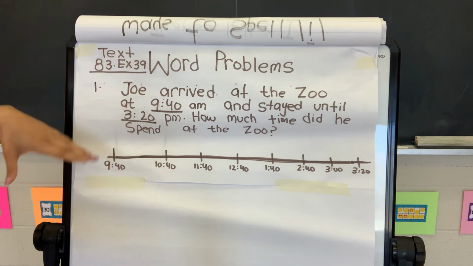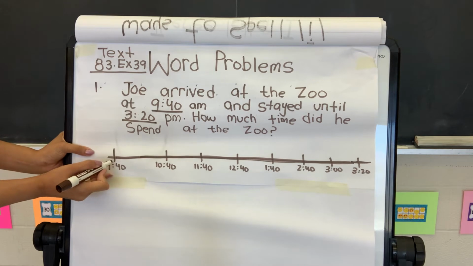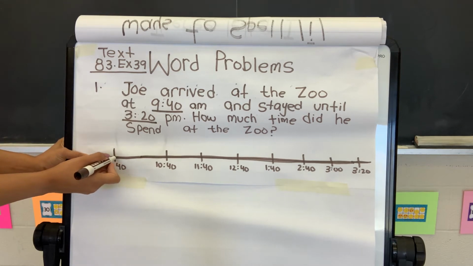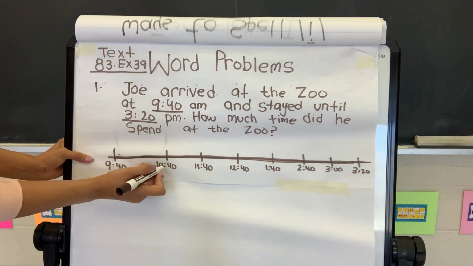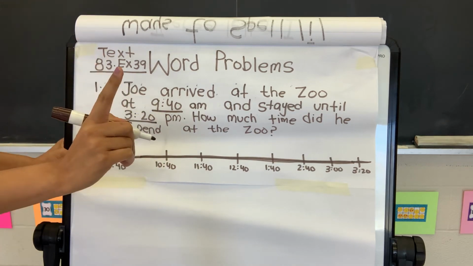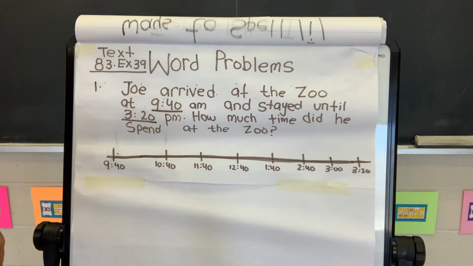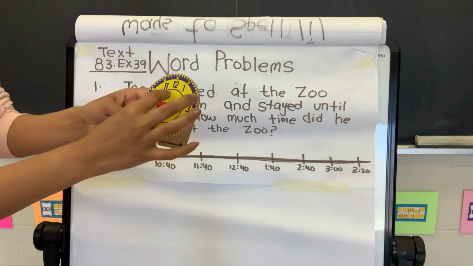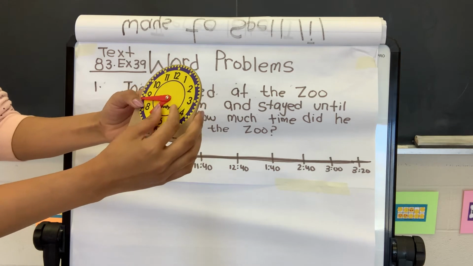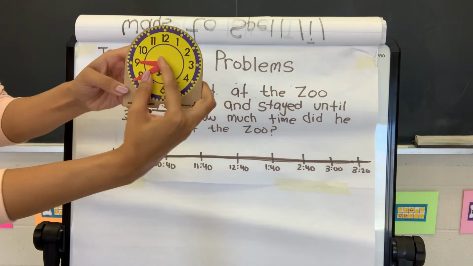So let's start counting our hours. From 9:40 to 10:40, that is 60 minutes, which makes it an hour. Look, I start at 9:40. This is where he came to the zoo.